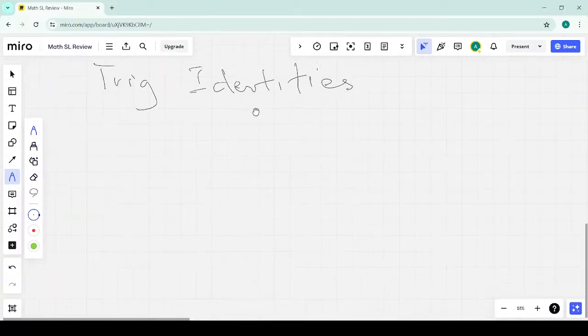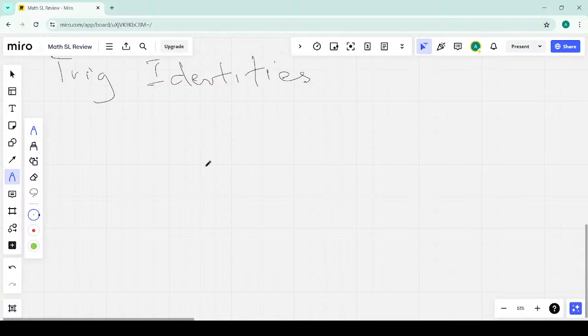Well, that helps a bit. Okay. You don't even know what a trig identity is anymore. Okay. I'll pull up the IB formula booklet to see what you need to know.